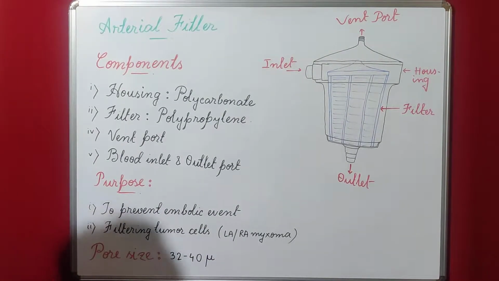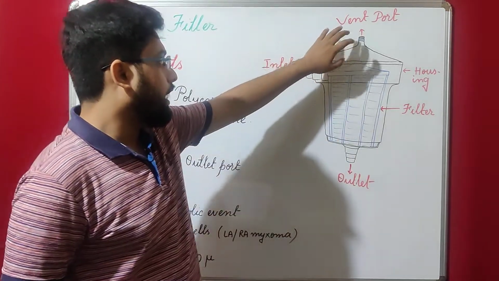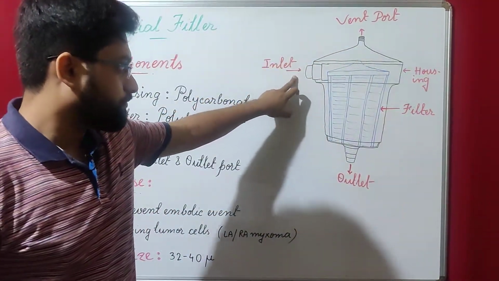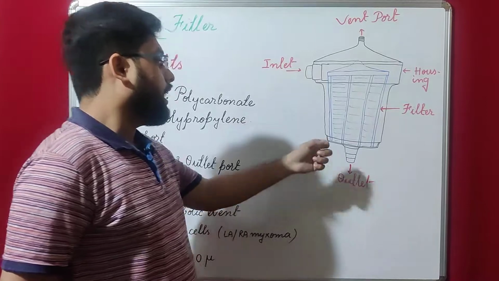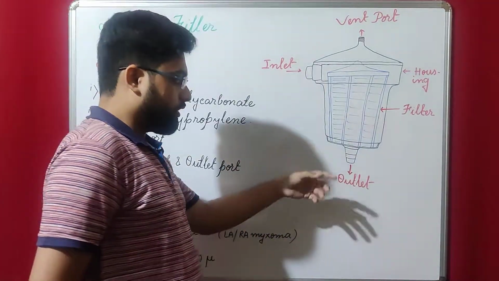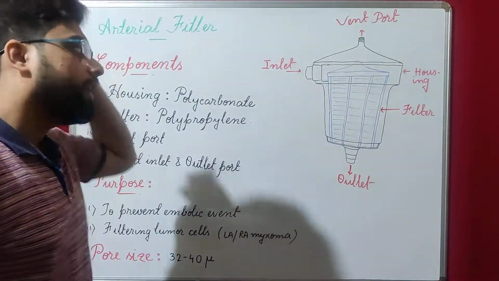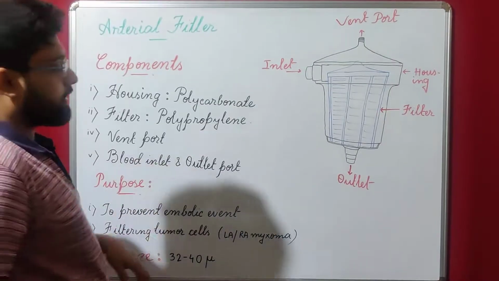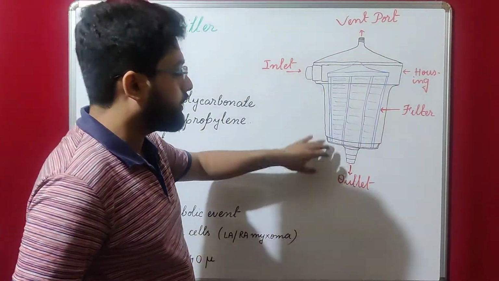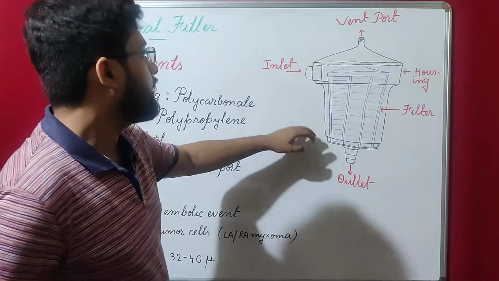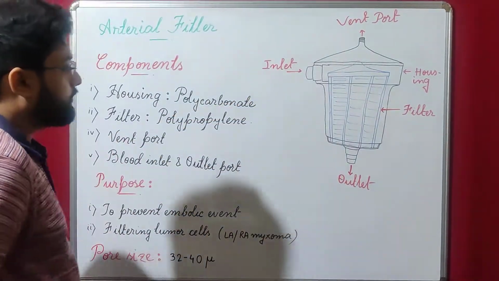It has 3 ports: one main port above, and one inlet and one outlet. The outlet is always at the lower end of the filter, and the inlet is at the upper end of the filter.